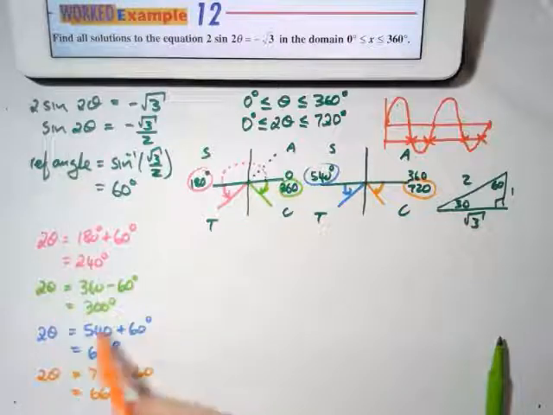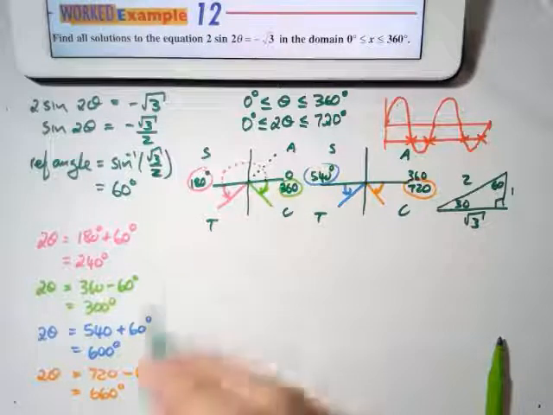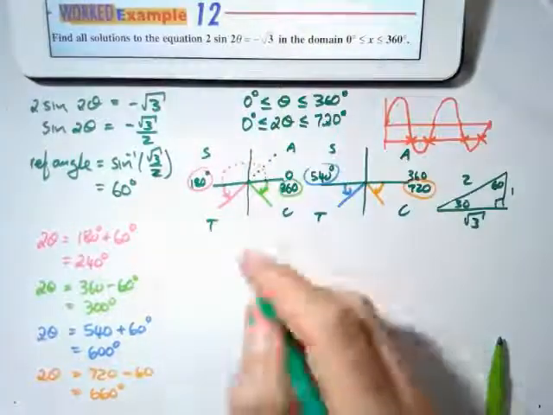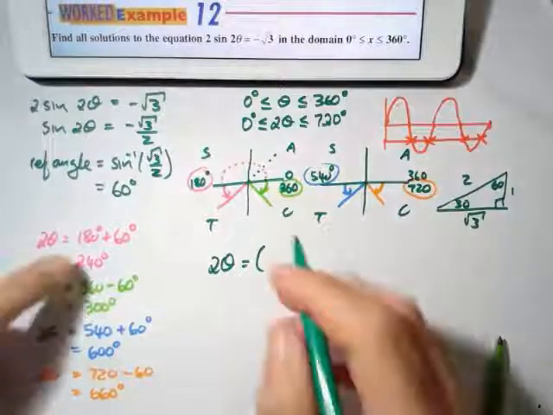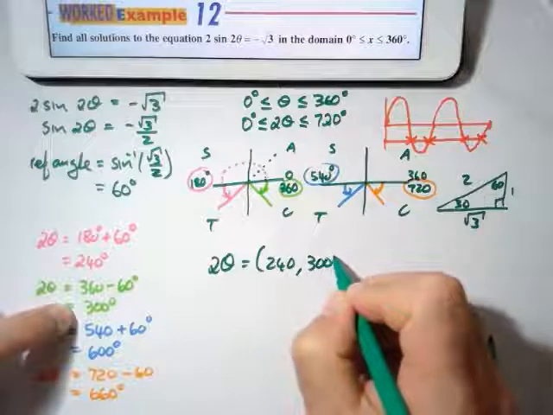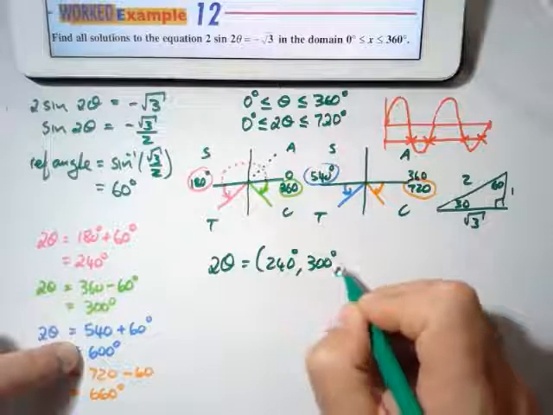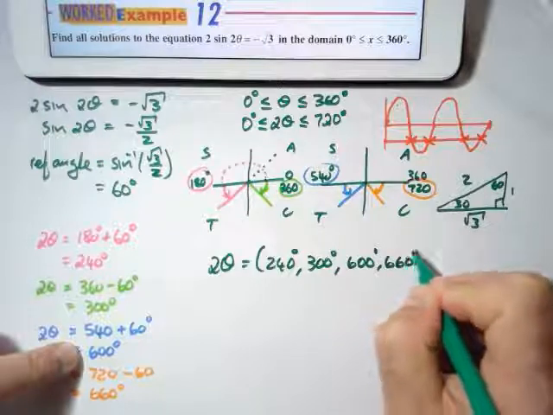Now I have the answer for 2 theta. I don't want the answer for 2 theta. So I'm going to write all of these down: 2 theta equals 240, 300, 600, 660.